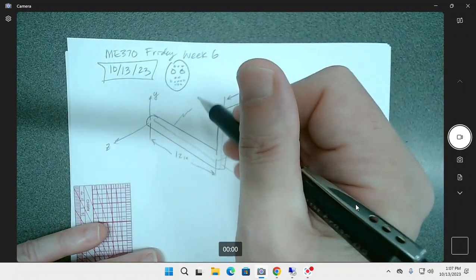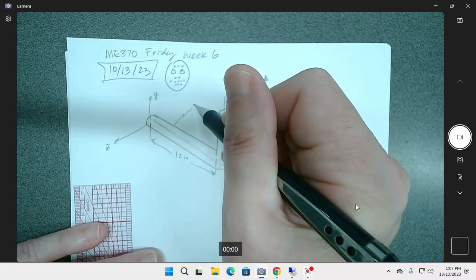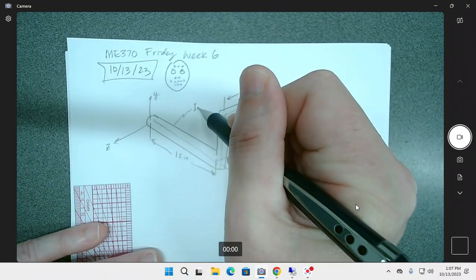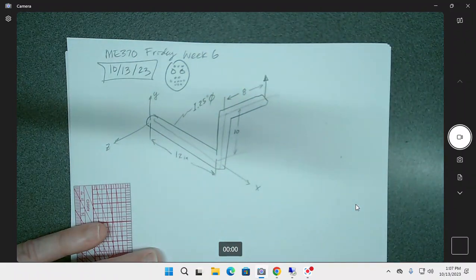And let's say that this thing is going to be proportional. Let's make it 1.25 inches in diameter everywhere.